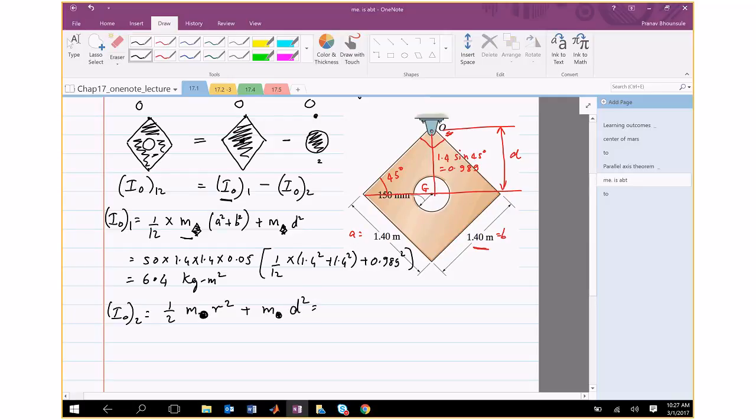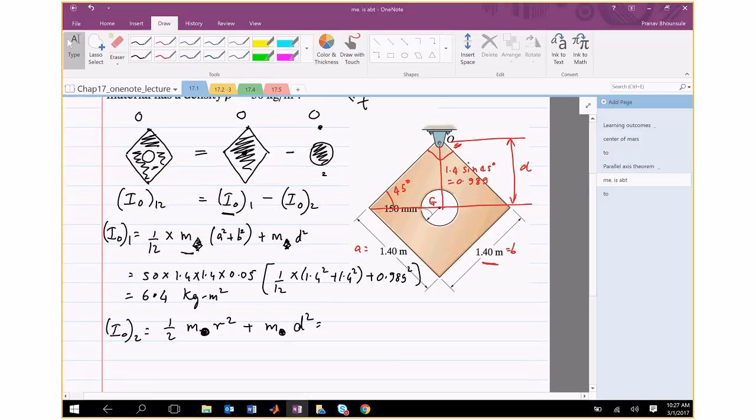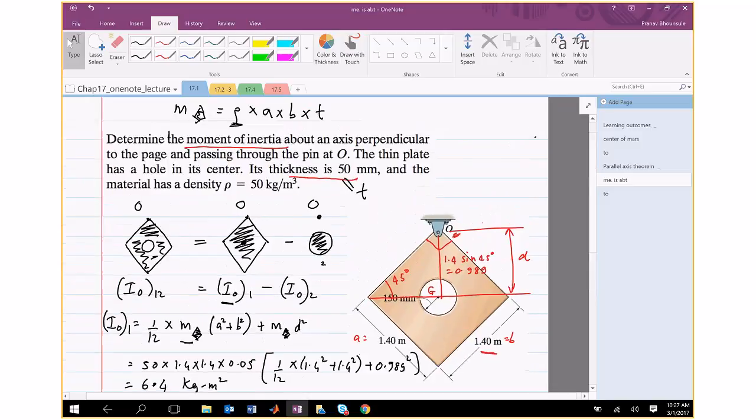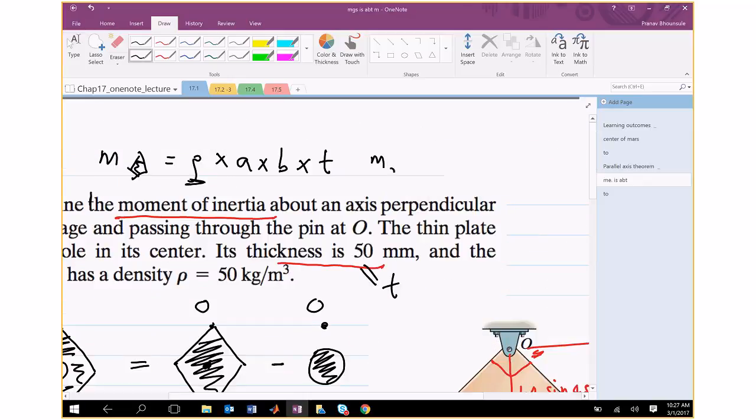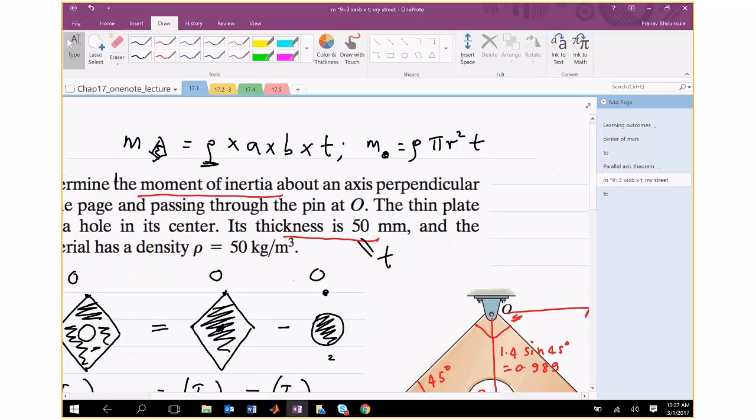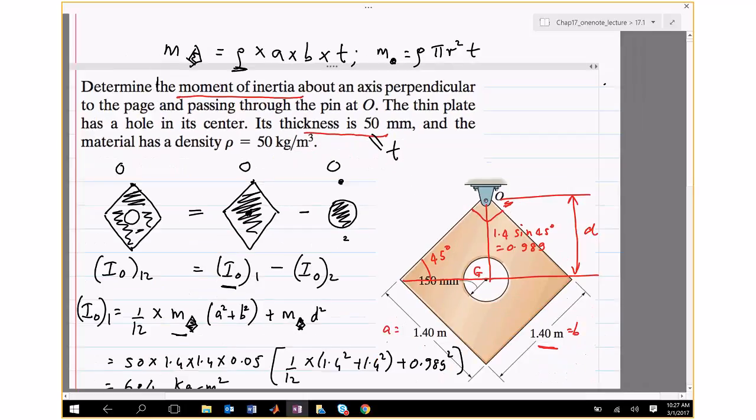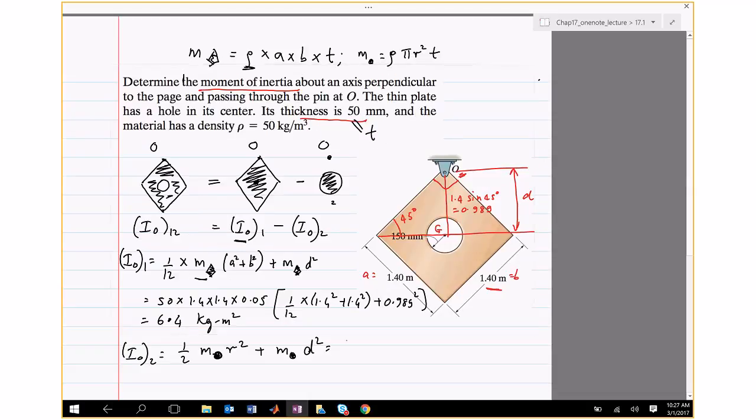Okay, so I need to find the mass. Mass of a circular disk again is going to be density times the volume of the disk. The volume can be given by the area times the thickness. So the area of a circular disk is pi r square, and the thickness is T. So this is going to be the mass of the disk. So 50 for the density, I'm going to pull this out when I do the calculation.